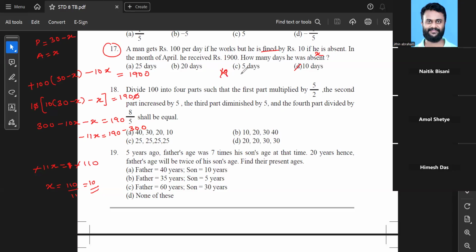So let us assume he's present for 20 days. Present for 20 days means he'll get 20 multiplied by 100, that is 2000 rupees. Which means if he's present for 20 days, he's automatically absent for 10 days. So for each day, if he's fined 10 rupees, after 10 days he'll be fined 100 rupees. So when you subtract them, if you're getting 1900, it means your absent days are 10 and present days are 20. This is also a technique.